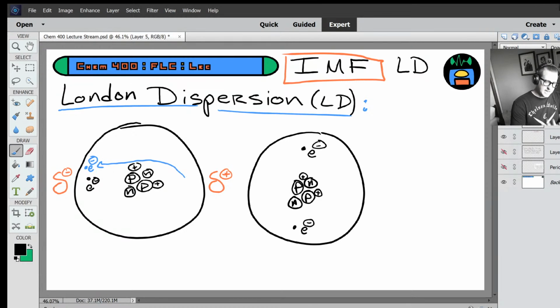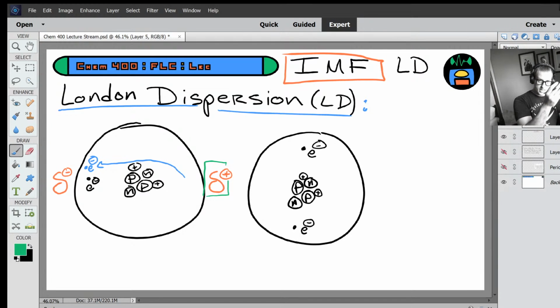The nucleus is stationary, it's not really moving, but the electrons do move. And the question that I have for you is, what effect do you think this partial positive charge will have on the two electrons orbiting this atom?